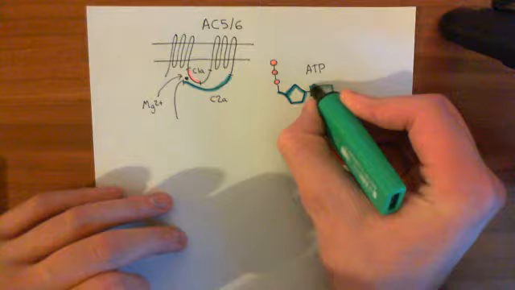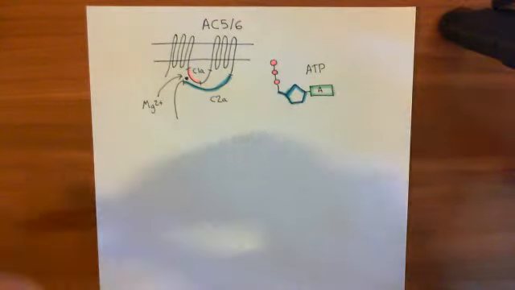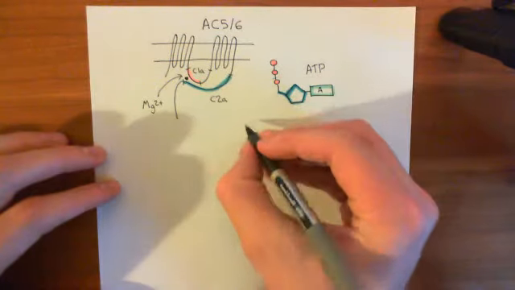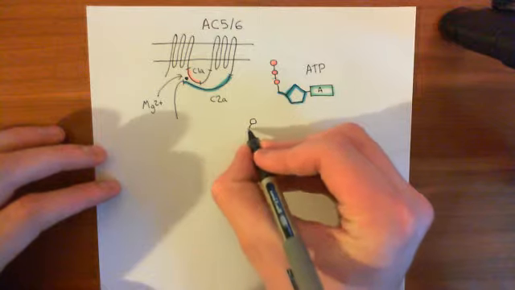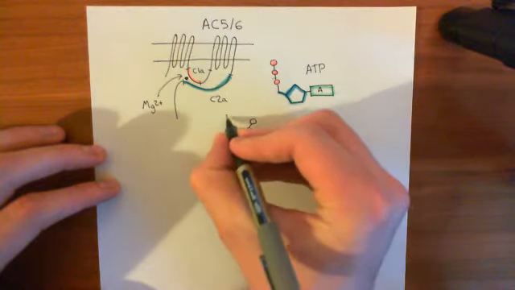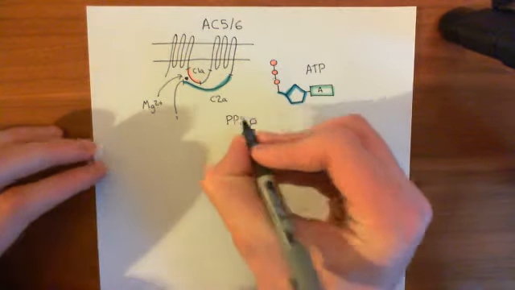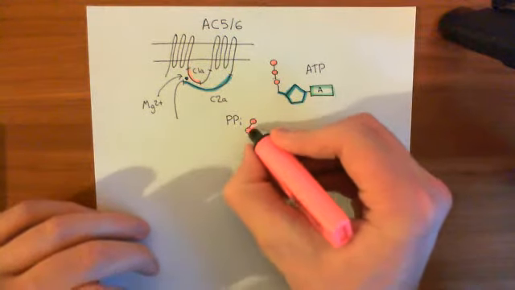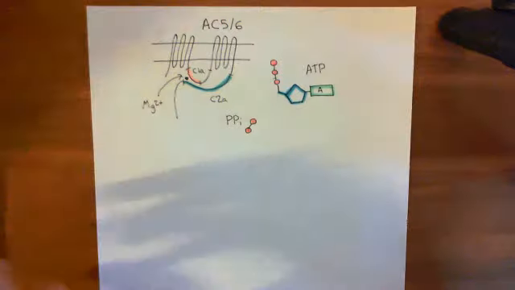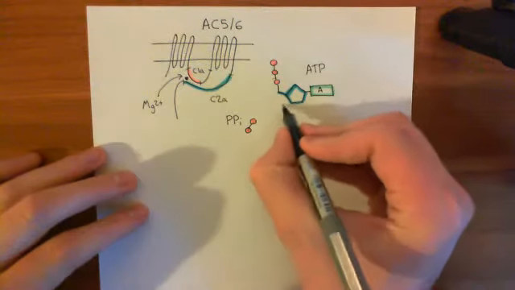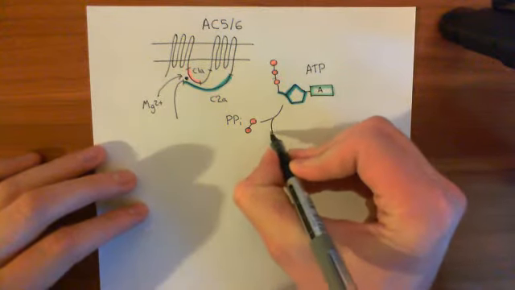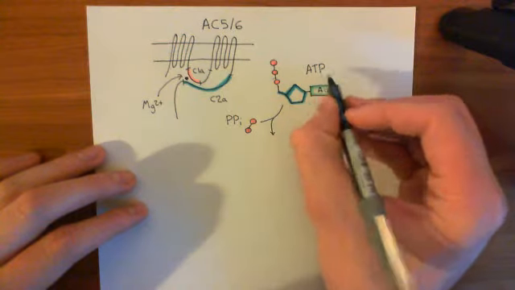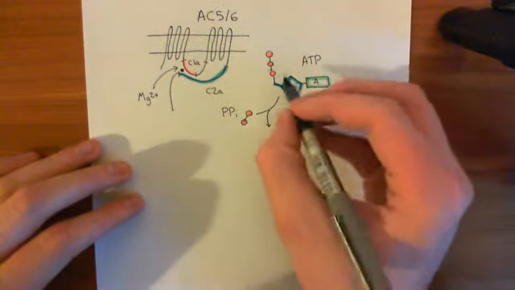Then the enzyme will catalyze the cleaving of this bond, so that you get this pyrophosphate molecule, which remember you can abbreviate as PPi. This is 2 phosphate groups bound together, the beta and the gamma phosphate of the ATP, left behind. And then what's left is an AMP, an adenosine monophosphate, but you do more than that.